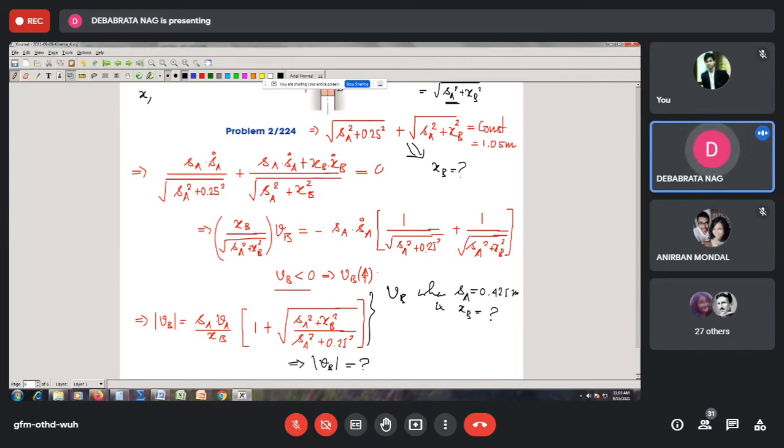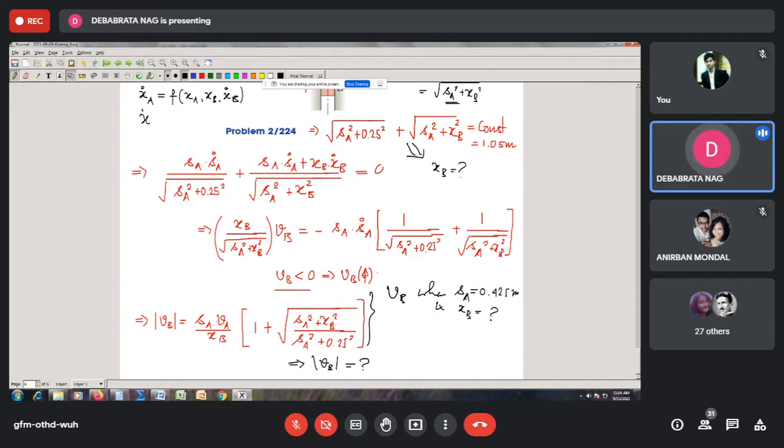say XA, there are two objects, XA and XB. If I am to find the velocity of block A, say x dot A, normally it is a function of XA, XB and x dot B. Normally it is this case.